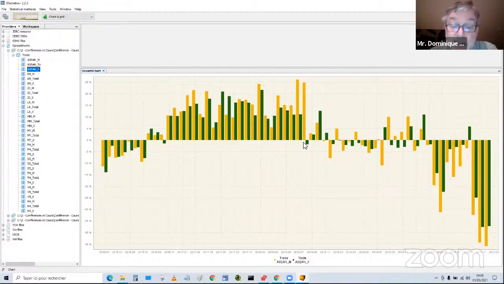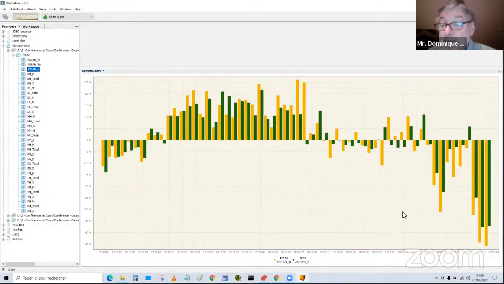So basically, you import more than you export, roughly, and things are going not so well since 2018, where you see that you have a completely different behavior of the annual growth rate.